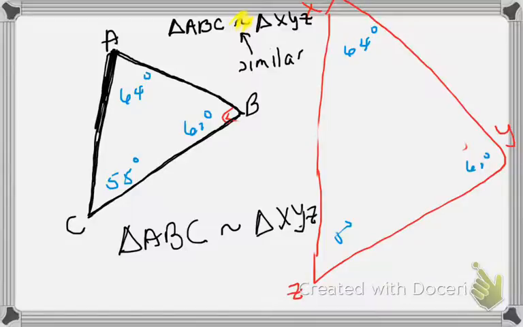The same thing with triangle XYZ. Now, the AB part is your first line. So line AB is similar to line XY. So I could write line AB is similar to line XY.